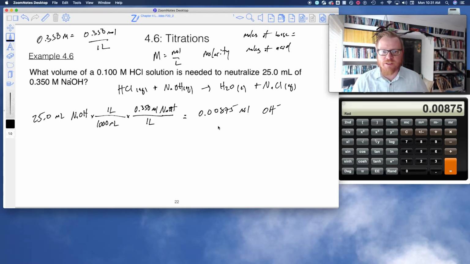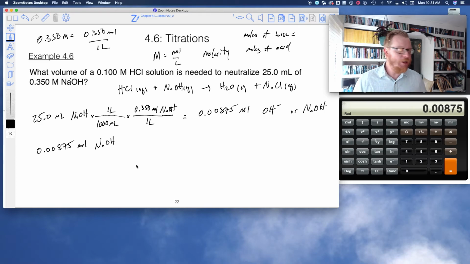Okay, so now what is all this saying? Well, now I'm going to start with this number, 0.00875 mole. I wrote OH minus or NaOH, depending on how you wrote the reaction. We'll stick with NaOH to be clear. So 0.00875 moles of NaOH. And now I'm going to use a balanced reaction.